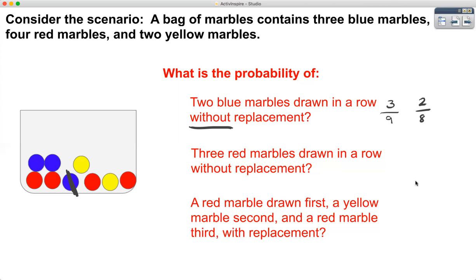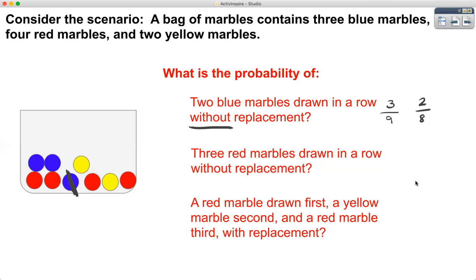Now we are not done because we need to figure out the probability of 2 blue marbles drawn in a row. So this is like saying, what is the probability of drawing a blue and a blue, right? A probability of 1 blue and another blue. Now remember, what do we do when we hear that word and? This is essentially looking at the union of 2 events.